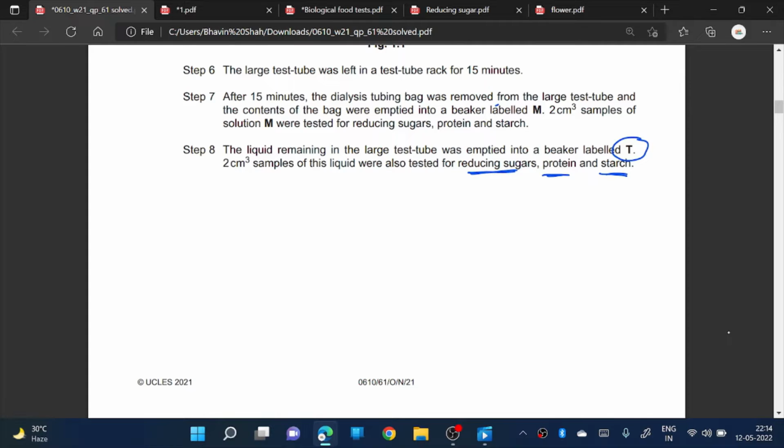As we do a quick revision, for reducing sugar, the reagent that we are looking at is Benedict's reagent. Then we are talking about the protein, where we use biuret, and for starch it is the iodine solution.